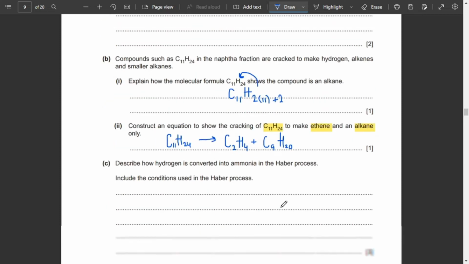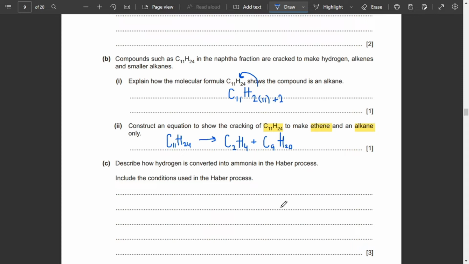Moving on to part C, describe how hydrogen is converted into ammonia in the Haber process. Include the conditions used in Haber's process. So basically, in Haber process, we do the reaction with nitrogen. For conditions, you need to remember to mention the temperature, the pressure, and if any catalyst is used, you need to mention that too.